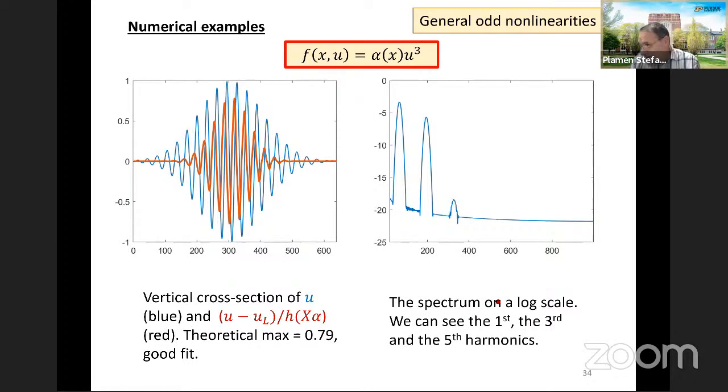And some numerical examples. I started at 35, so I have two to three more minutes, I guess. In this numerical example, this is a cubic nonlinearity which we treated with the previous method, but now we have a different method, just for the fun of it, to see what happens. This is a cross-section of U, the solution.